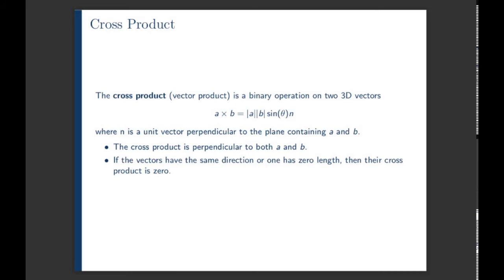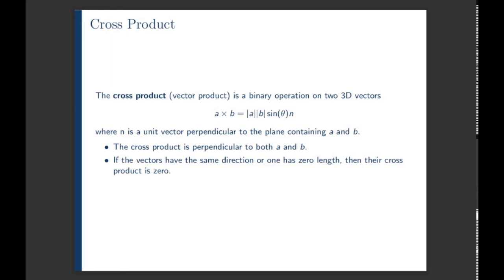So we can think of that vector pointing out of the plane defined by A and B. If you imagine A and B being two vectors in space, put them in a common origin starting at the same point, and you can think of a bit of paper which they both lie along. That's the plane which is defined by those two vectors. So the cross product vector is pointing at right angles out of that plane.